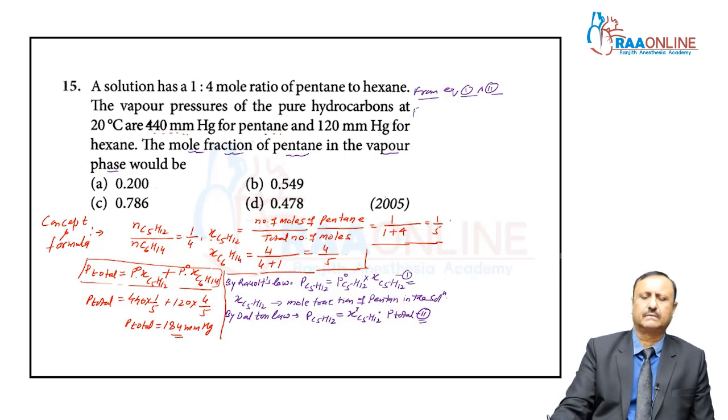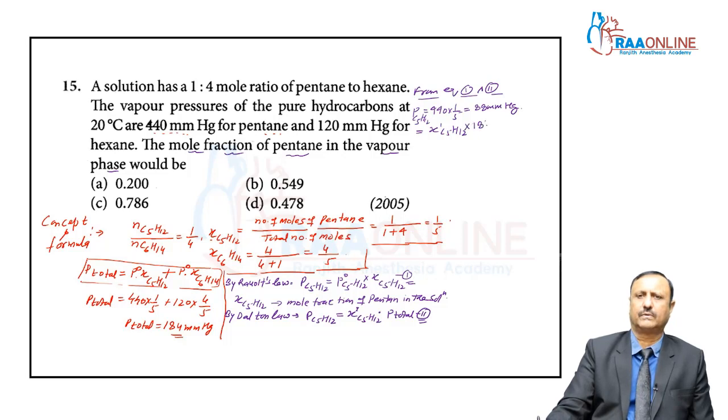We can see here PC5H12 pentane equals 440 into 1 upon 5. We can put these values, 440 into 1 upon 5, and you can get 88 millimeter mercury.